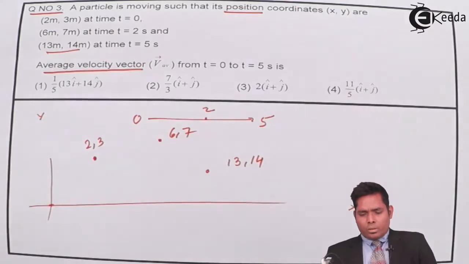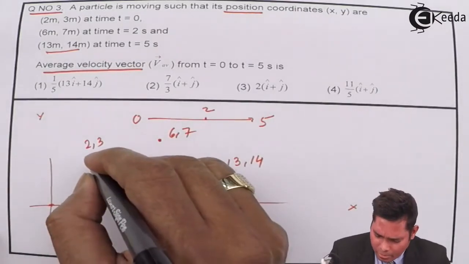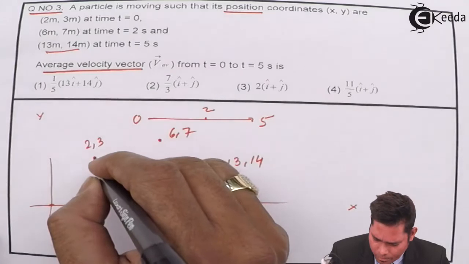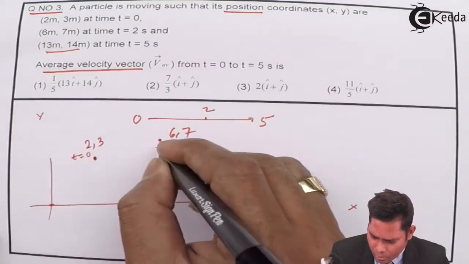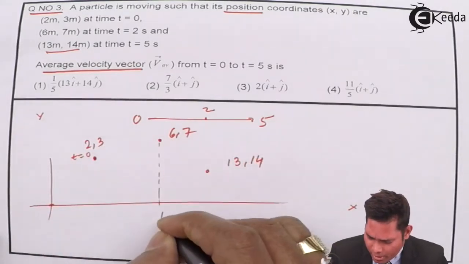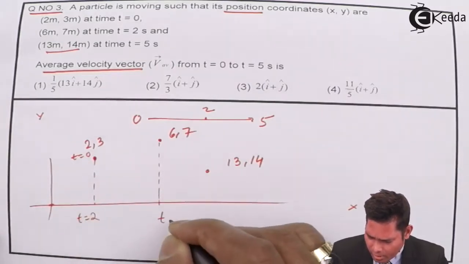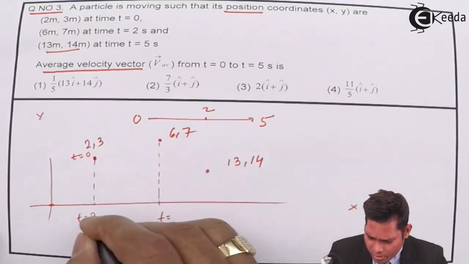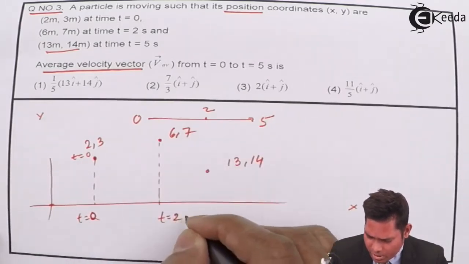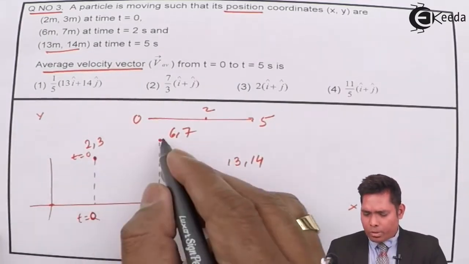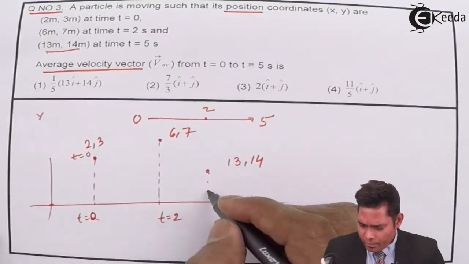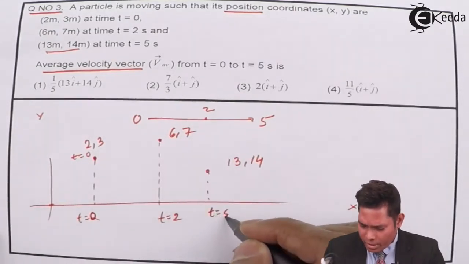This is when time t equals 0, and after 2 seconds it is here. After 2 seconds it is moving to this position, and at t equals 5 seconds it is here.